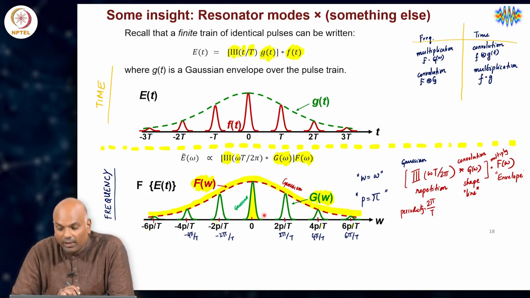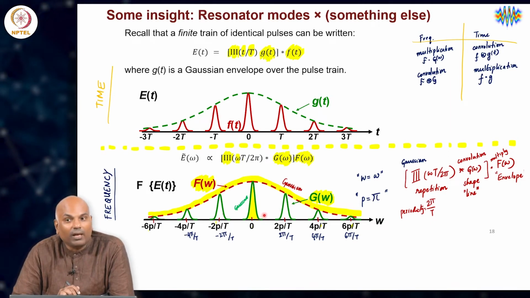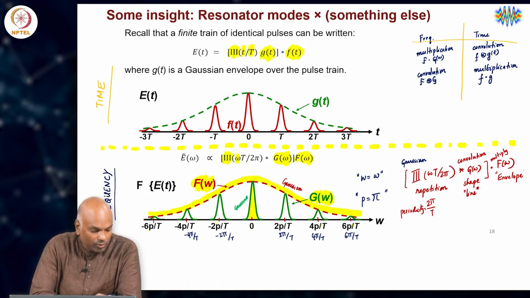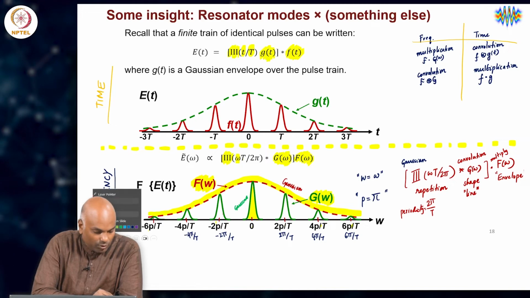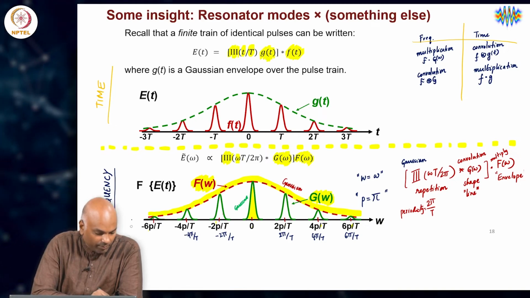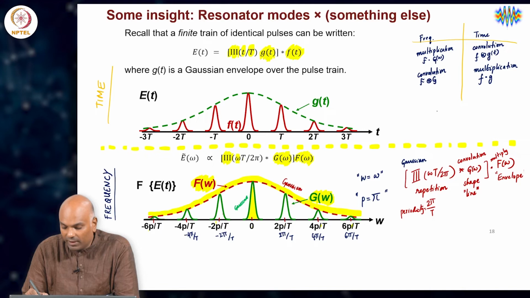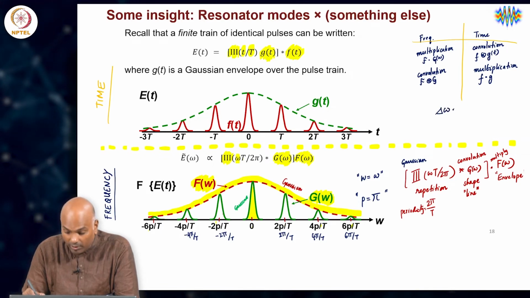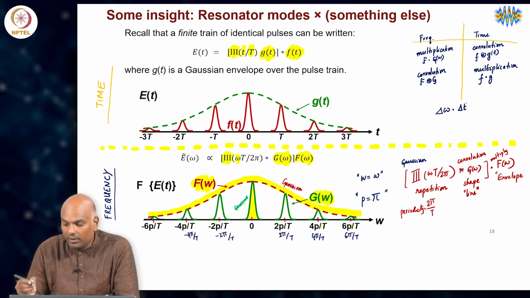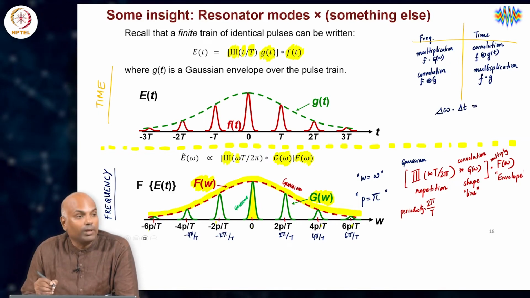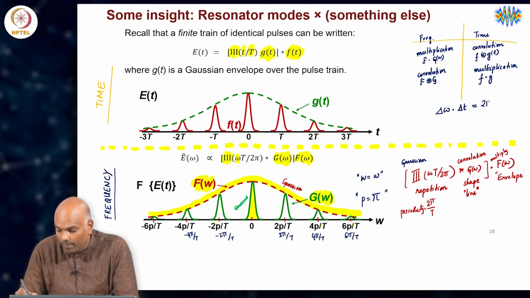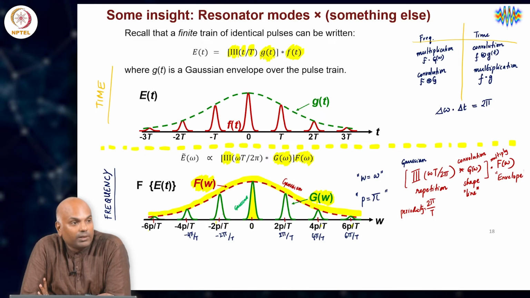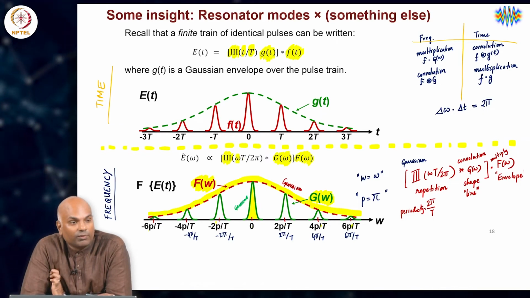Why? Because once again a function that is narrower in the frequency domain is broader in the time domain and vice versa. So, let me jog your memory back to your math physics days and say you know that delta nu, or in this case delta omega, delta t are 2 pi. If this was nu, this product would be unity, right, in terms of the widths. So, take a Gaussian function.